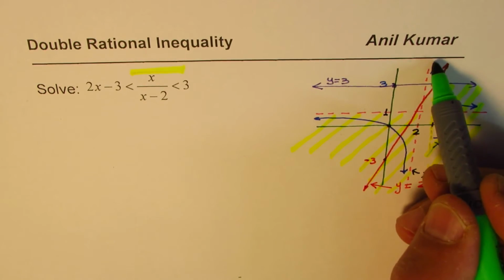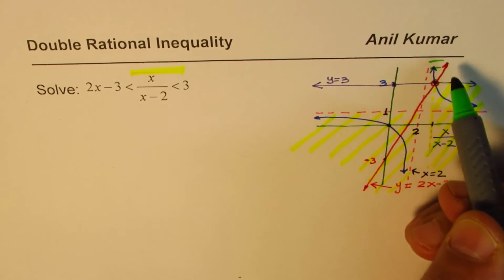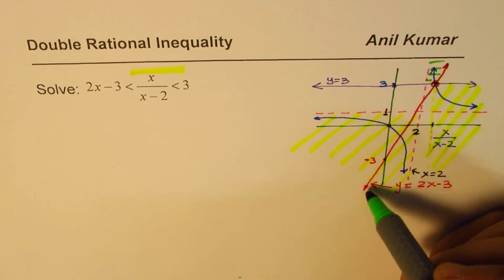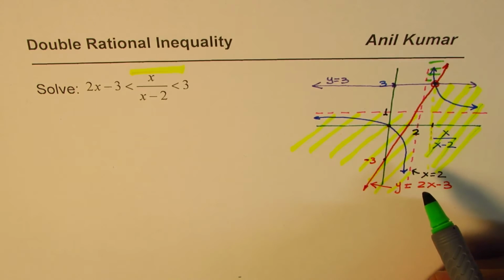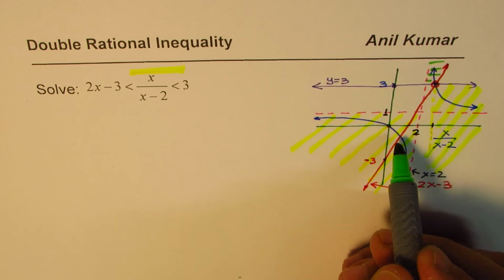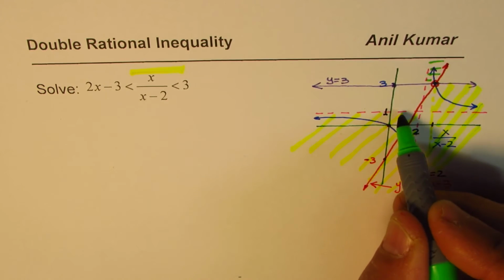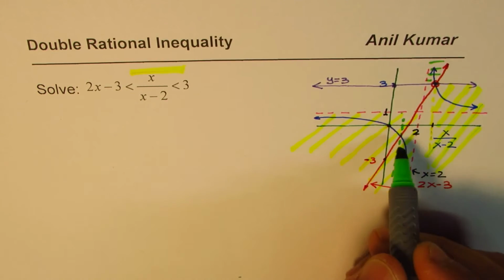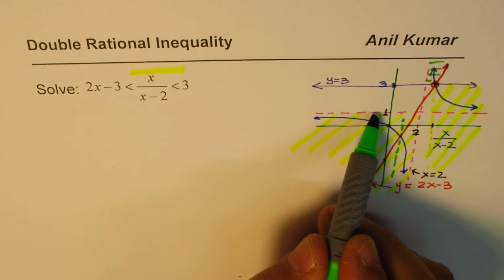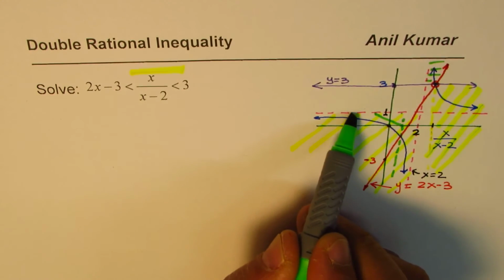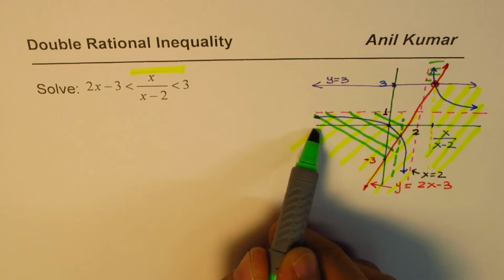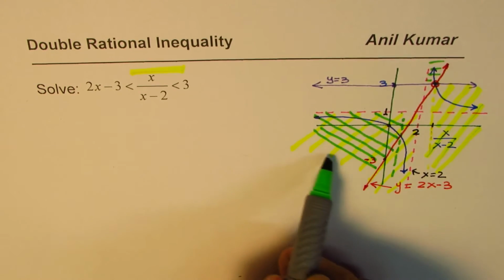So it is this portion, where the rational function is greater than this red line, which represents 2x minus 3. And the other one is wherever you have this point of intersection, so beyond this portion is where we have the solution. Do you see? So the common solution is within this interval.